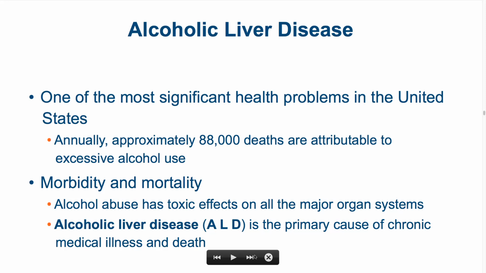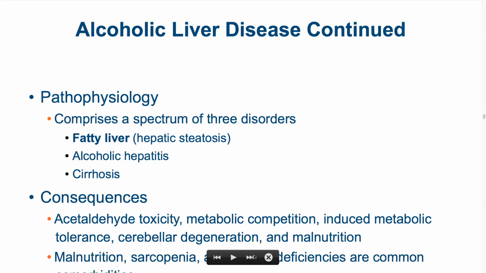Much of the morbidity and mortality associated with alcohol abuse is attributed to its toxin effect on all major organs, with alcoholic liver disease being the primary cause of chronic medical illness and death. The pathophysiology of alcoholic liver disease comprises a spectrum of 3 disorders: fatty liver, alcohol hepatitis, and cirrhosis.